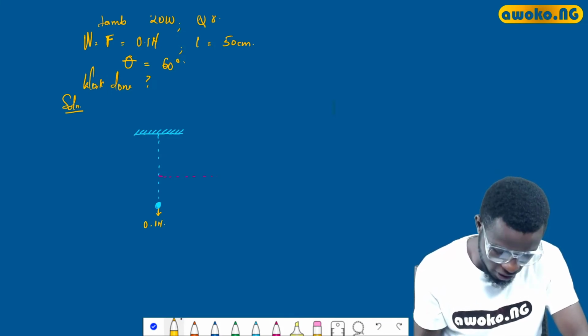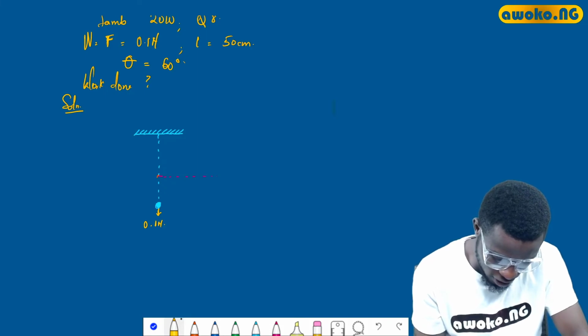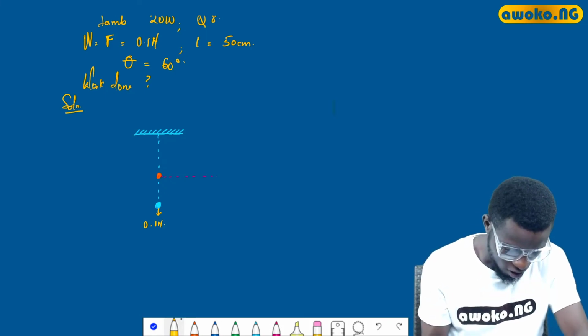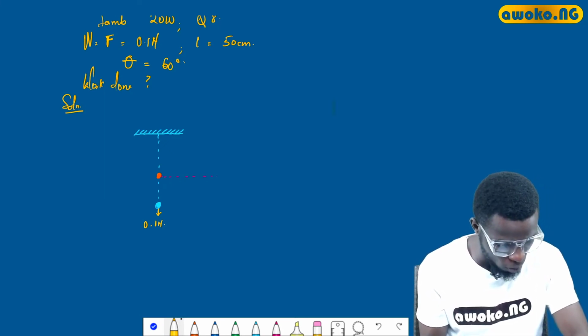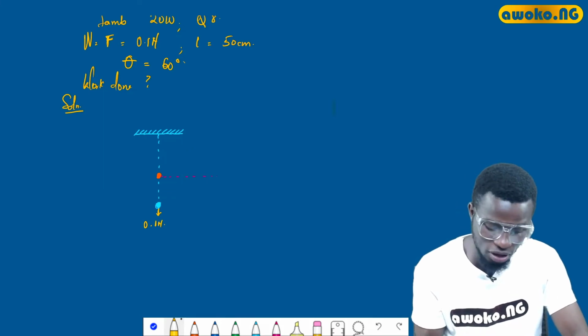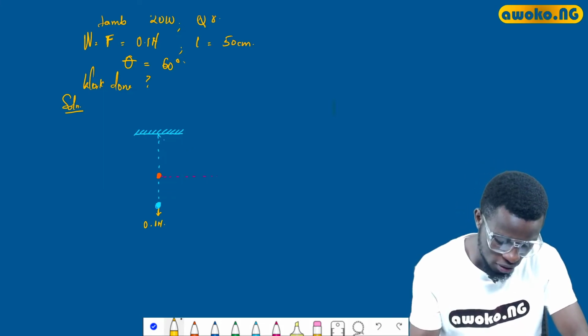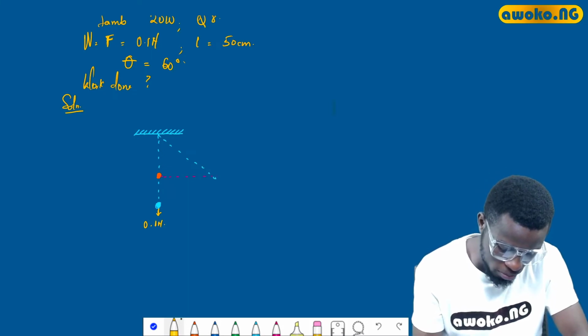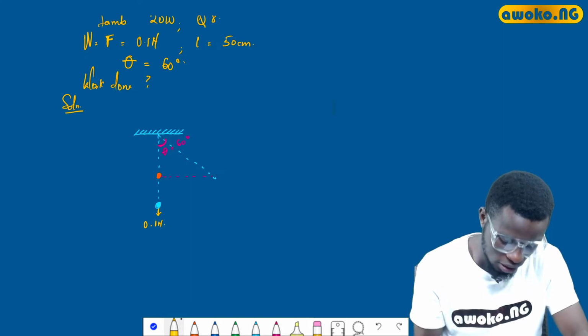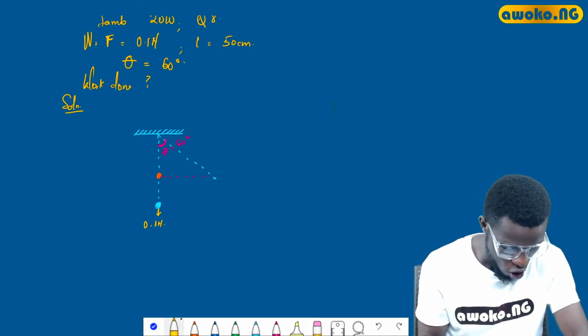which increases from 0. Let's call this point 0. It increases from 0 and is applied to pull the bulb until the string makes an angle of 60 degrees. So it keeps on pulling it until the string makes an angle of 60 degrees to the horizontal. We are asked to find the work done.